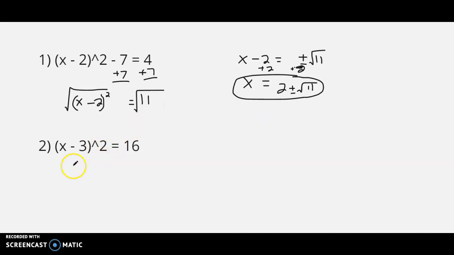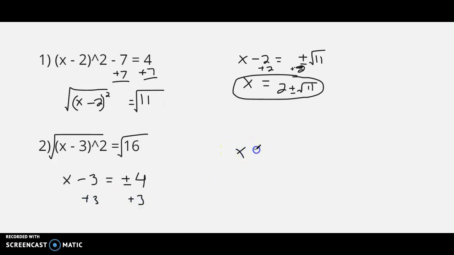You can see that happening on number 2. There's nothing to add or subtract. X minus 3 quantity squared equals 16. So what we can do is straight up take the square root right away, and we'll notice what we're left with. X minus 3 equals the square root of 16, which is 4. But there is a plus minus possibility. All right. In order to solve for x, we're going to add 3.